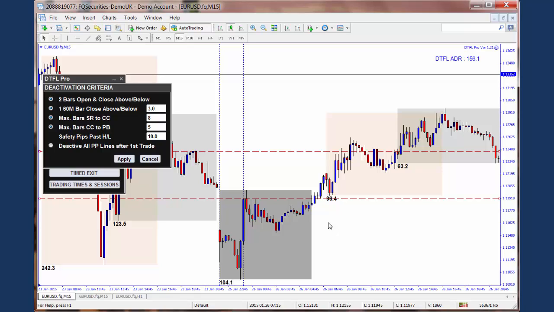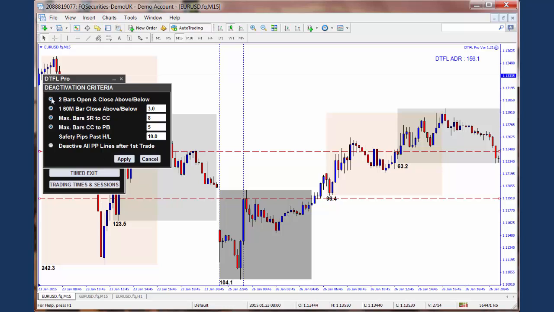So there are 3 general rules where PP lines are either not used or ways that they can be deactivated. Now let's go on to other deactivation criteria, which is shown on the screen here.